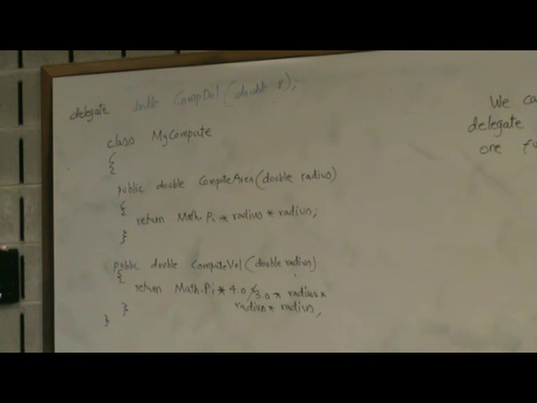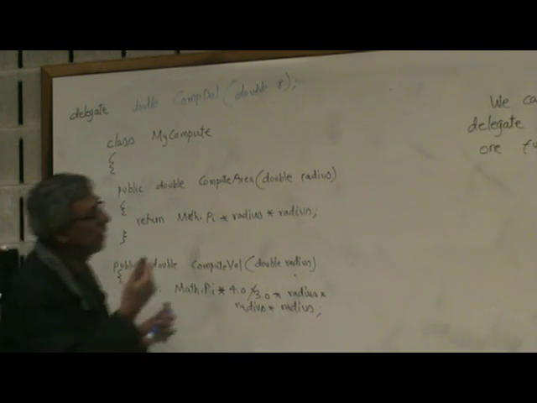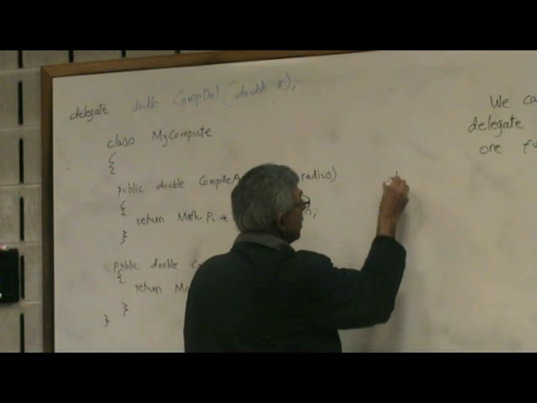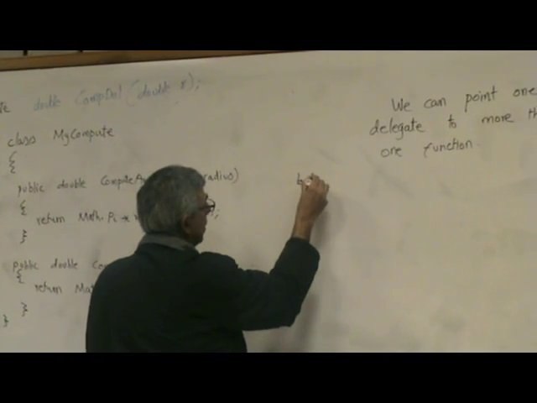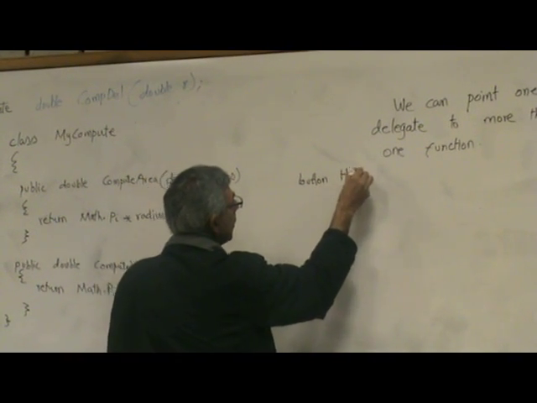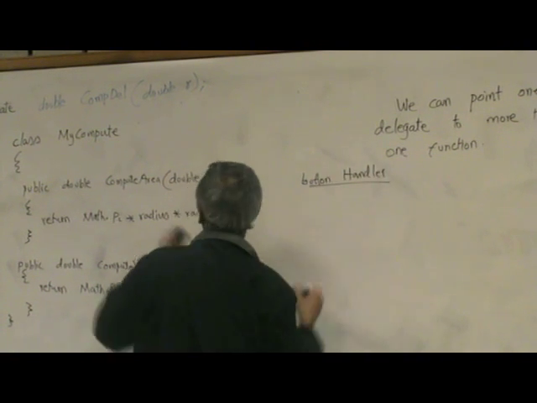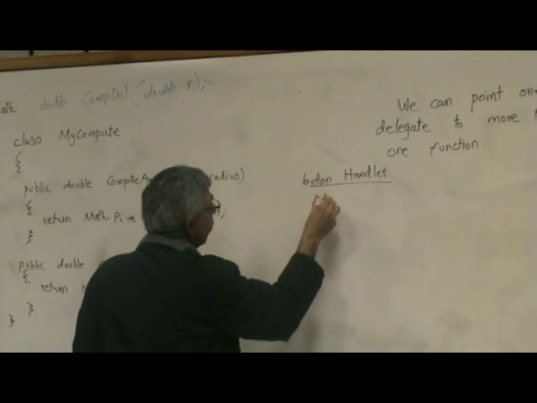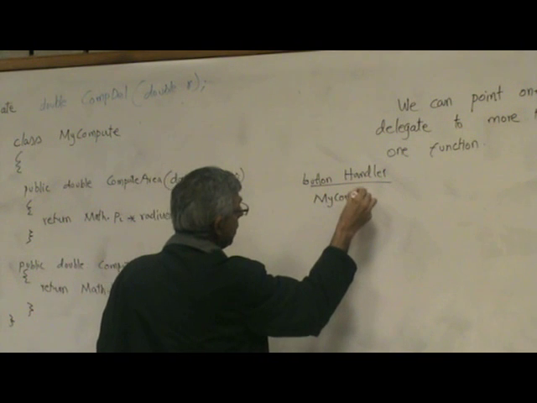It doesn't matter because files in C# are not strongly associated with the code inside it, unlike Java. Okay. So anyway, once we have declared this, now suppose we go to our form in the button handler. We try to create one object of MyCompute.